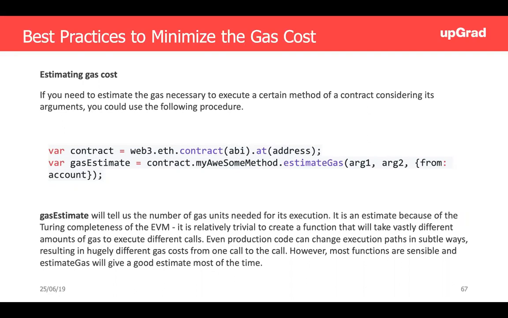So what you need to do as part of running contract transactions is always estimate the amount of gas your transactions will consume. Okay, so there is a function that is exposed by Web3, the web3.js library. That function lets you give out an estimate of how much gas would be consumed as part of your transaction execution.